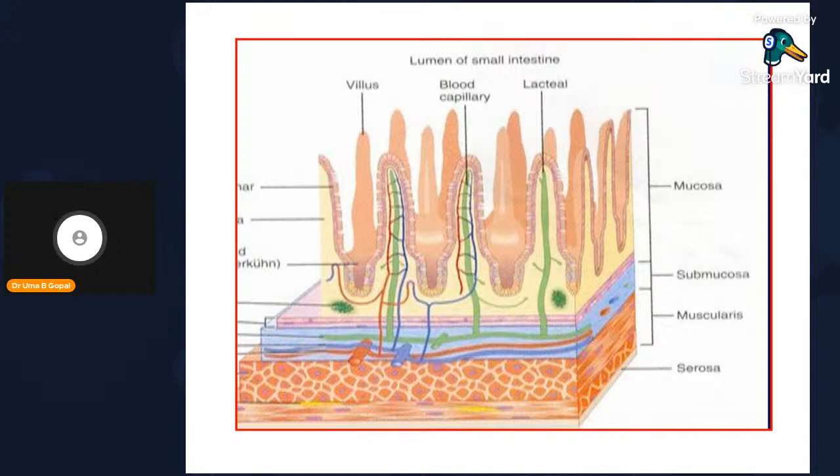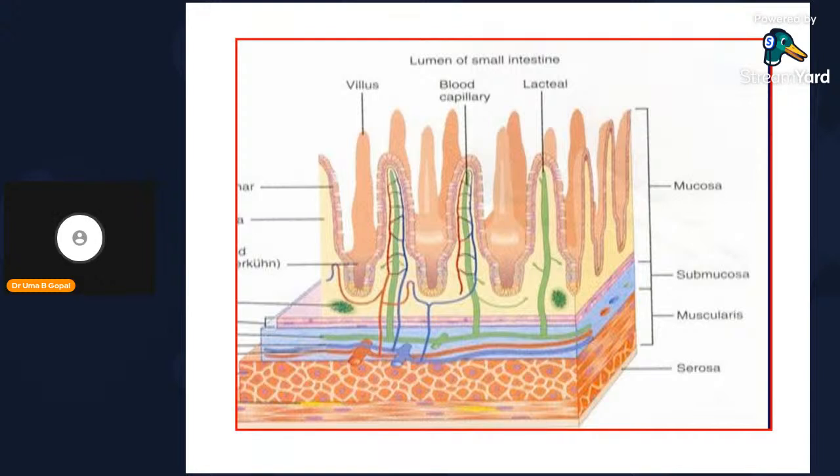The crypts of Lieberkühn is the region where the cells are secretory in function and give out into the lumen of the intestine. Every 4 days the cells are regenerated. It passes like this, and it will be cast off. Every 4 days there will be casting off of this epithelial lining, and the new cells are lining the intestine.